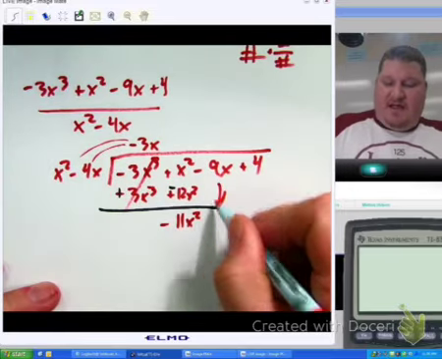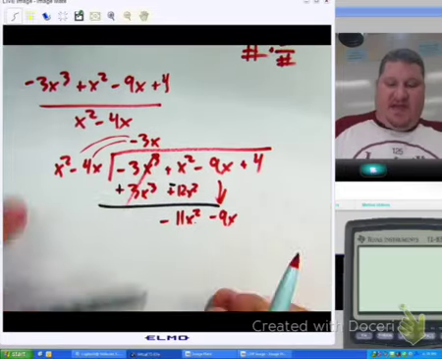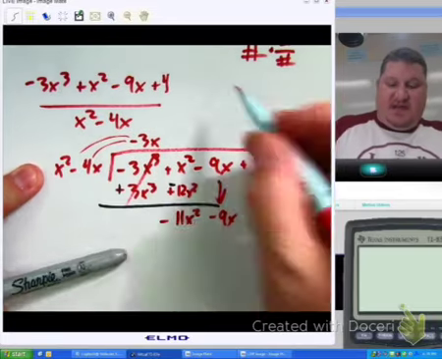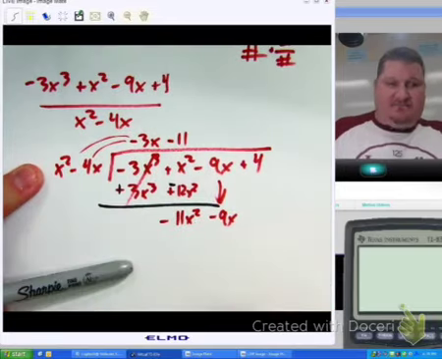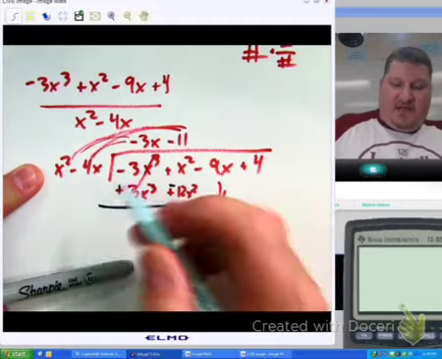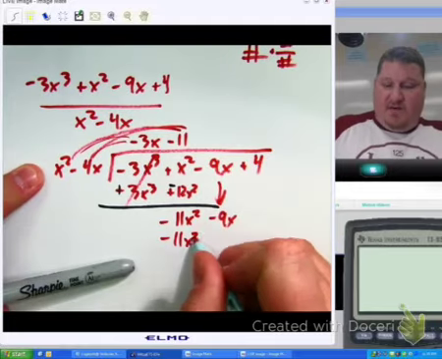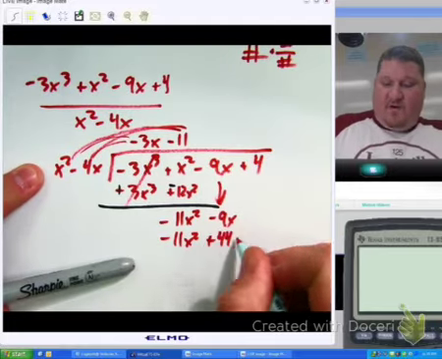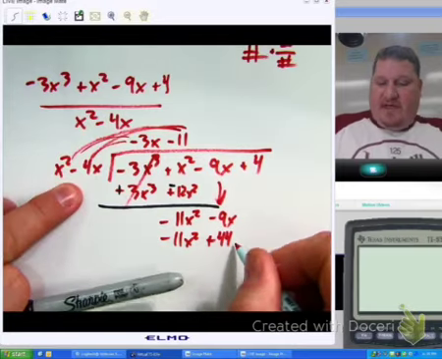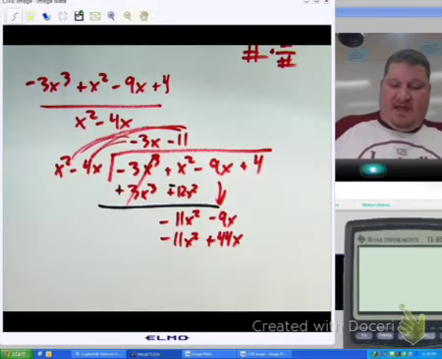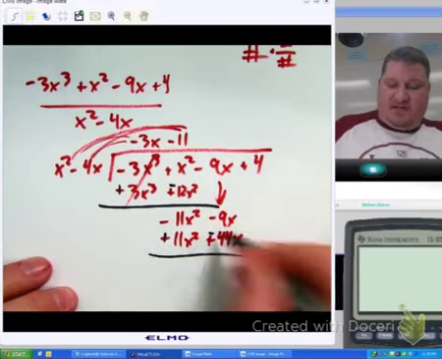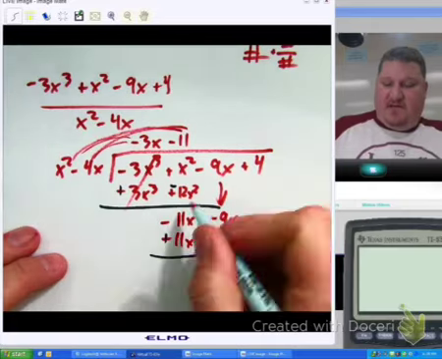Bring down the -9x. How do I turn this into this? That's going to take a -11. So I'm going to multiply this by each piece. -11x squared plus 44x. Again, don't forget to switch the signs. Doing that, this goes away.